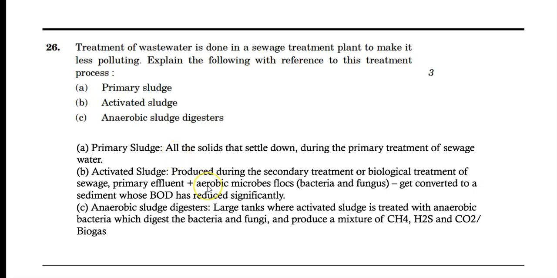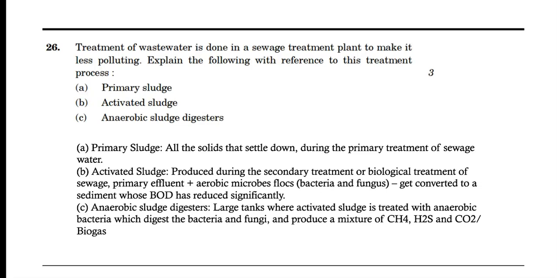Activated sludge is produced during secondary treatment, which we call biological treatment. To the primary effluent, which we get from primary treatment, we add aerobic microbes, the ones that use oxygen, that is aerobic bacteria and fungi, to sediment.